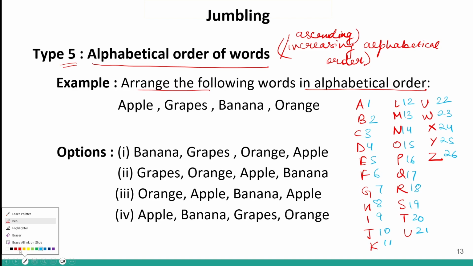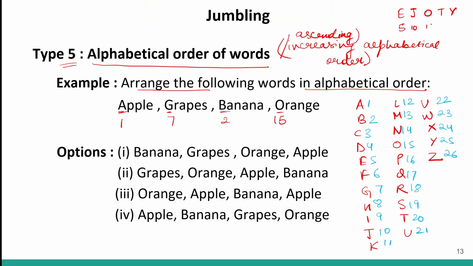If you remember the concept of forward ranks, this we did in alphanumeric series as well as coding decoding. We did this in similarities and differences as well. So if I give the forward rank to only the first letter, so A, then B is 2, G is 7, and O is 15. If you remember, there was also a shortcut to remember forward ranks, AJOT 5, 10, 15, 20, and 25.